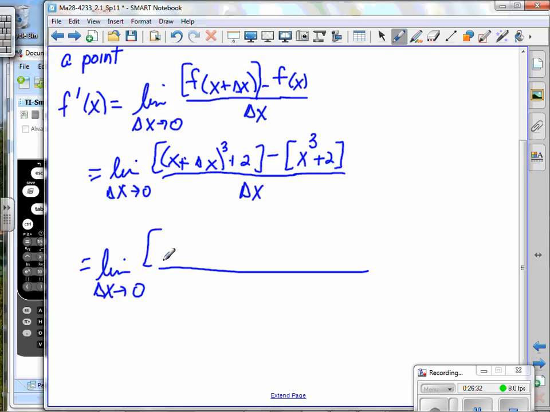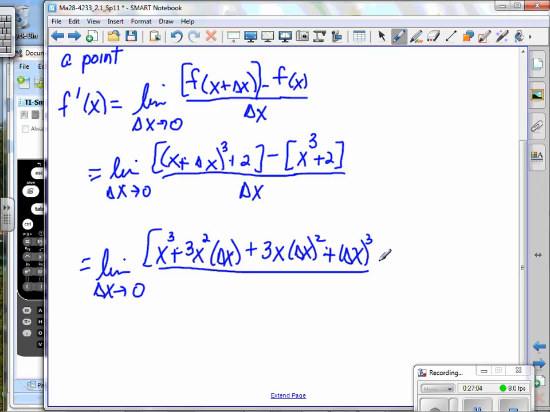So I have x cubed plus, then there's a pattern to this, but I won't take our time to do that. 3x squared delta x plus 3x delta x squared plus delta x cubed.